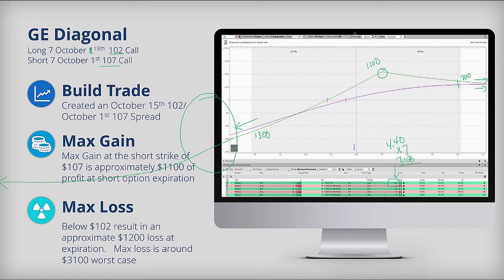How can we do that? Well, we avoid earnings. We avoid periods of high volatility. We avoid highly volatile stocks. We're trying to find some pretty boring trades. GE is a great example of a boring trade. We know GE is not going to run up to $150. It's going to go up a couple bucks, down a couple bucks.